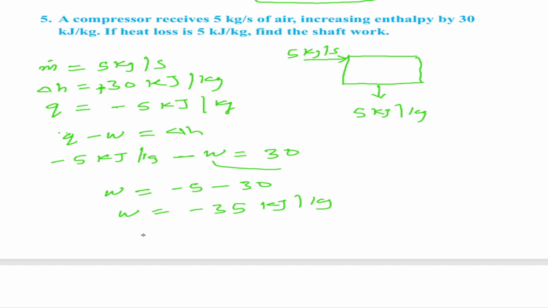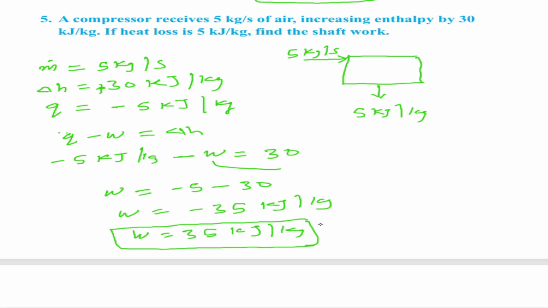I can write W equals 35 kilojoule per kg, and it means this is the work done on the system, 35 kilojoule per kg.